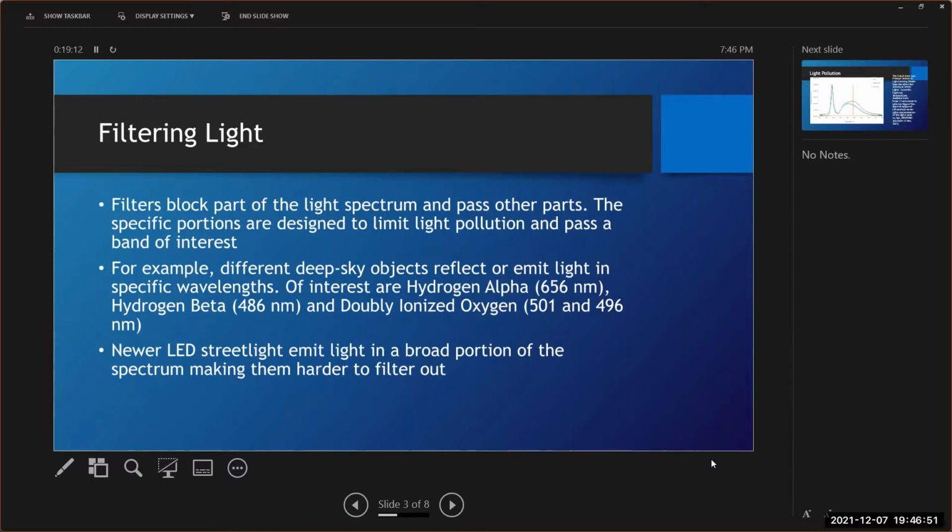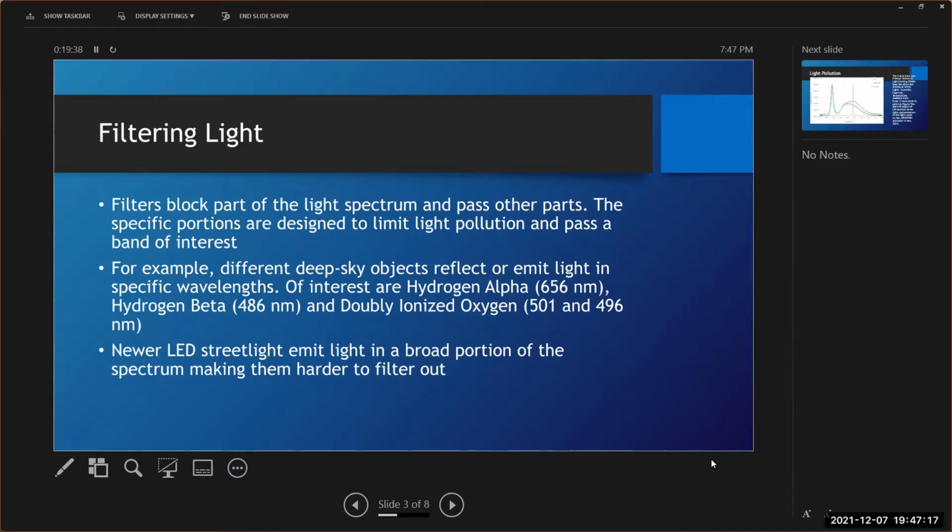Now, back in the good old days, when I first got my filters, most of our street lights were sodium vapor lamps. They were high pressure or low pressure sodium vapor. So that was really not so hard to get around because these optical filters could block out the fairly narrow emission of those sodium lamps.